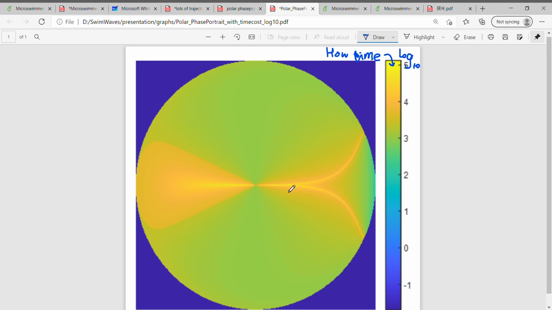Because it's very deep, the wave motion is relatively small and not very obvious, and it allows them to adjust their orientation, and then after they're ready, they swim back to the surface. So you can see that there's an orange or yellow tunnel here.